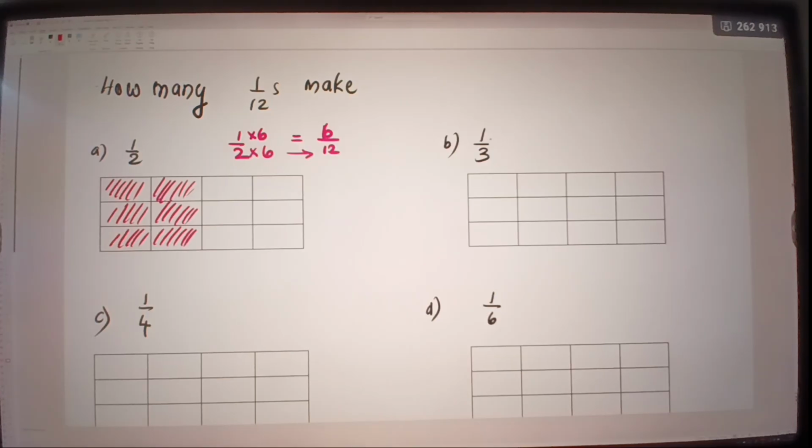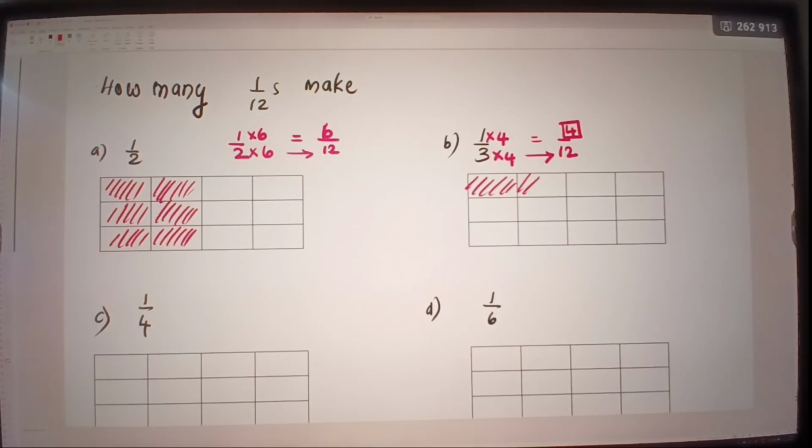So from 1/3, how do you get to 1/12? So find the equivalent fraction. 3 times 4 gives you 12. So multiply by 4. So 4/12 is 1/3.